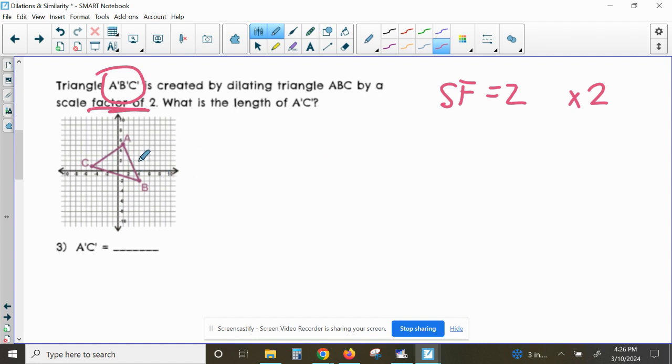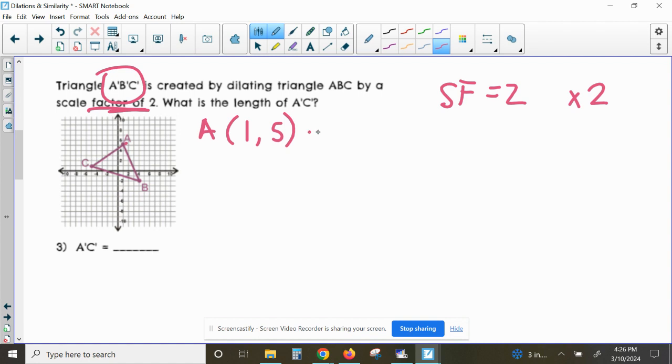Now, there's a couple ways we can do this. We could find all these points and multiply all of those coordinates by 2 to get our new triangle. That is one method. I'll show you an example. So if we take point A, which is right here, that is to the right 1 and up 5.